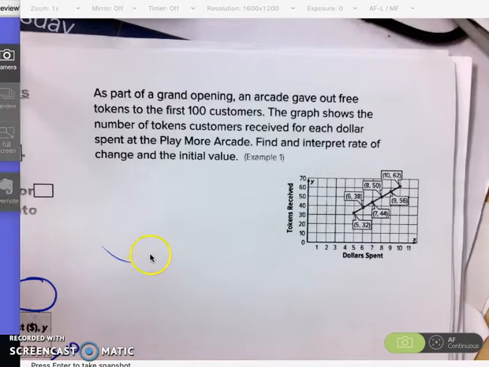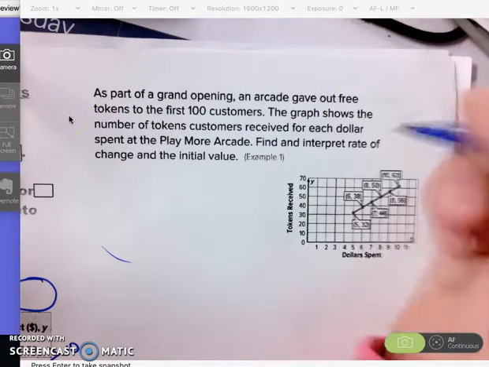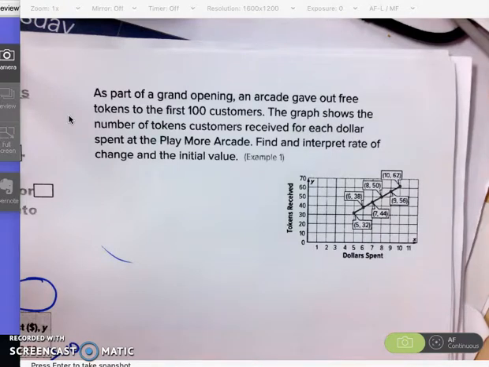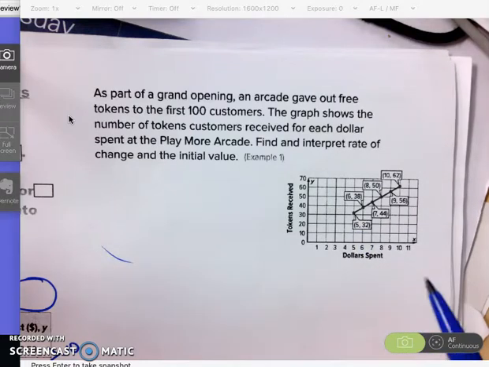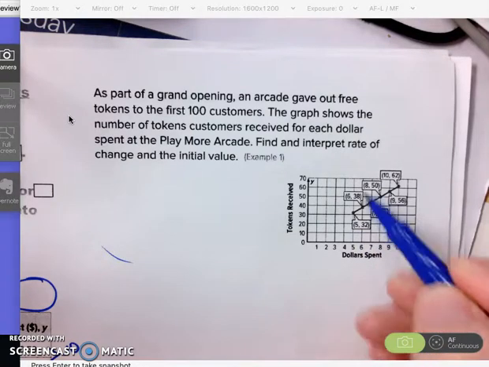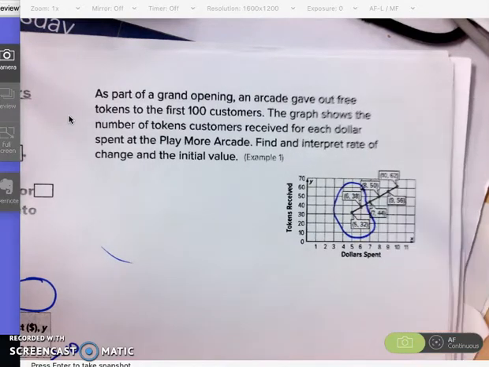All right, as a part of a grand opening, an arcade gave out free tokens to the first 100 customers. The graph shows the number of tokens customers received for each dollar spent at the Play More arcade. Find and interpret the rate of change and the initial value. So, again, I'm going to take 2 points and find the rate of change there.